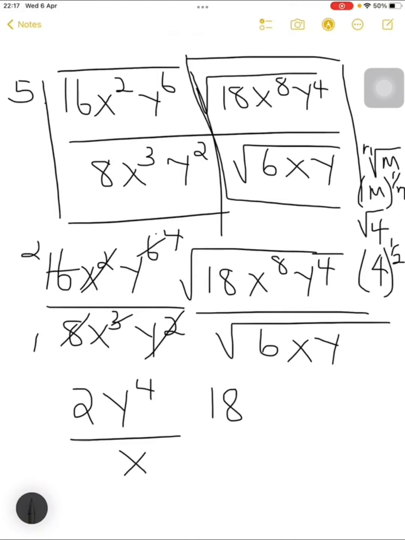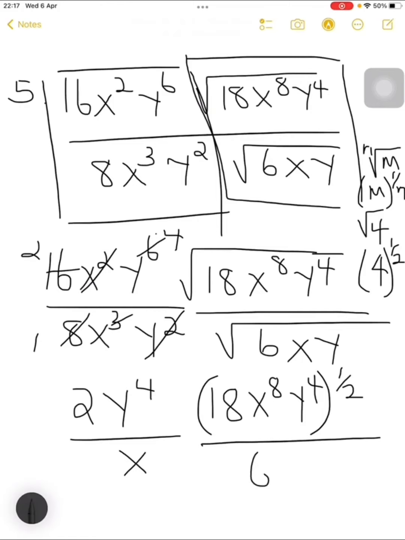So that is what we are going to apply here, because it's the same as we have 18 x power 8 and then y power 4, then power 1 over 2, divided by 6xy power half. If we power this one power half, it will be easy to simplify because we can cancel by 2 here, by 2 here, and by 2 here.